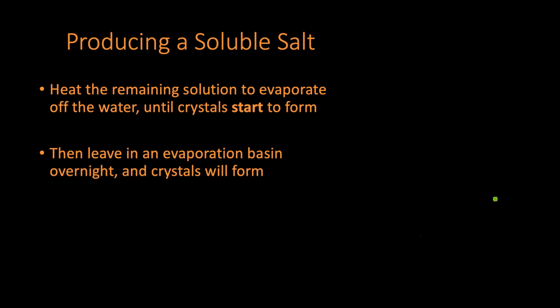Okay, when that happens, then you transfer it into what we call an evaporation basin, which is actually just a really fancy word for like a tray, which is quite wide, right? So you basically put it into this evaporation basin and then you leave it out overnight and crystals form overnight. And that would be our crystals of our soluble salt, right? And that is it. So that would leave us with our crystals, in this case of calcium chloride.